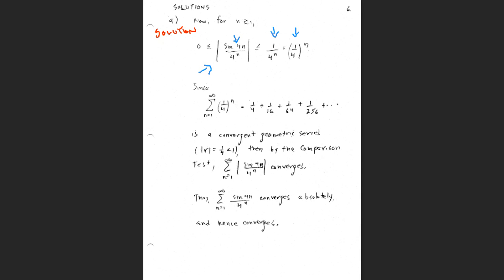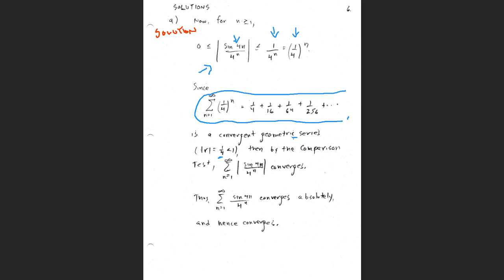And so, we recognize the series from n equals 1 to infinity of (1/4) to the nth power as a geometric series that has a common ratio of a fourth. And it's convergent because the absolute value of a fourth is less than 1.